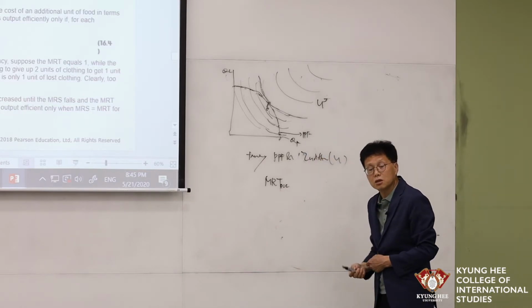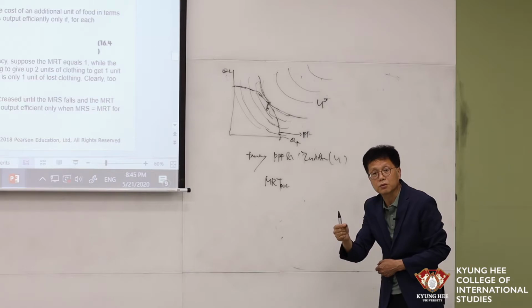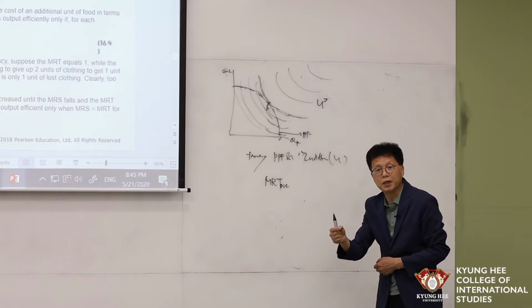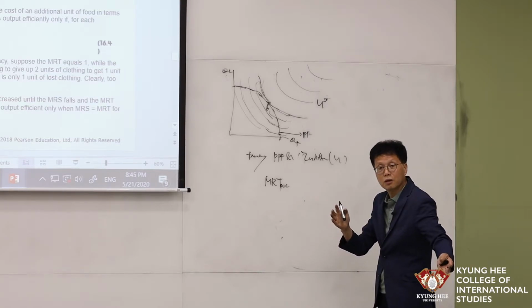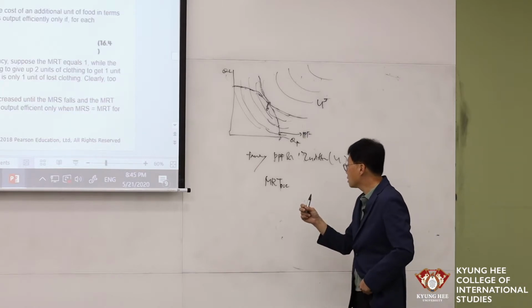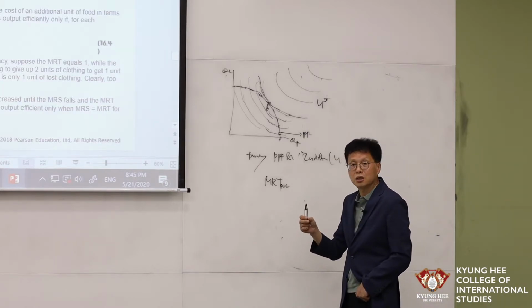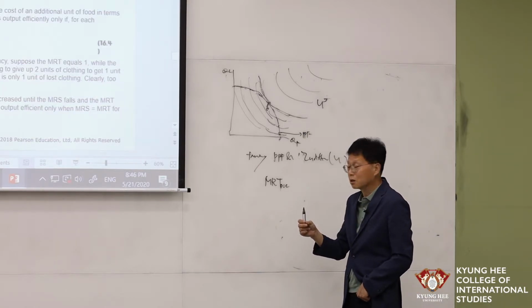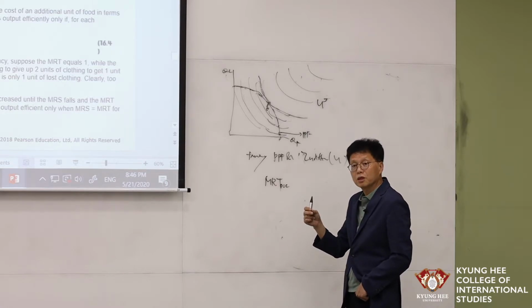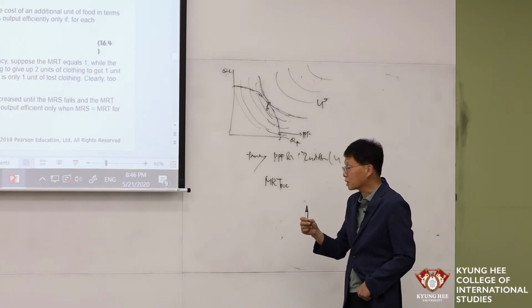That is the opportunity cost of food in terms of clothing from the perspective of production, the relative cost of food production in terms of clothing. So it is the exchange rate from the perspective of production.